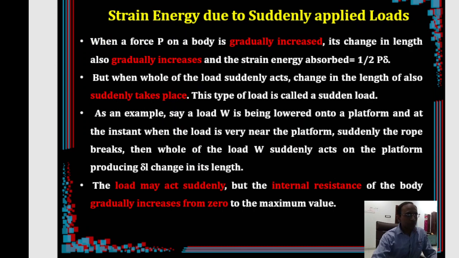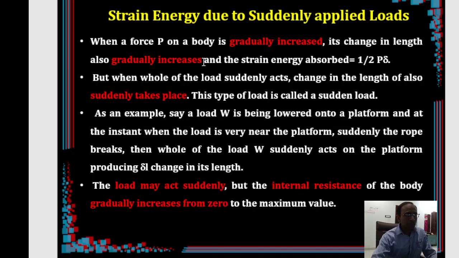Let's see first of all what strain energy developed due to suddenly applied loads is. We have already seen gradually applied loads. Let's see the difference here itself. Let's say there is a force acting on a body and the force is gradually applied.